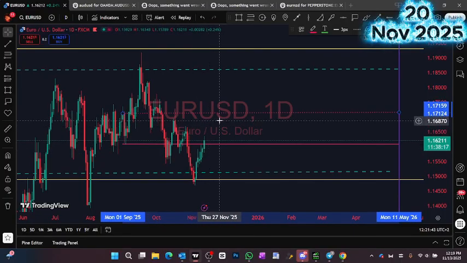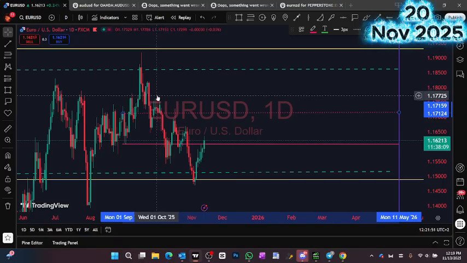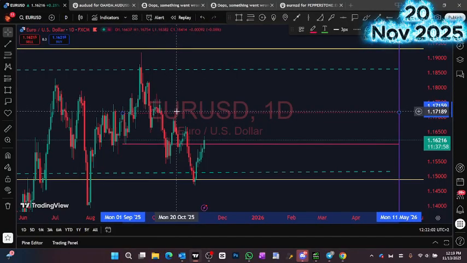Okay, on the daily, we don't have anything that we can say up above because this OP was taken by this candle here, and this OP was taken by this candle here.